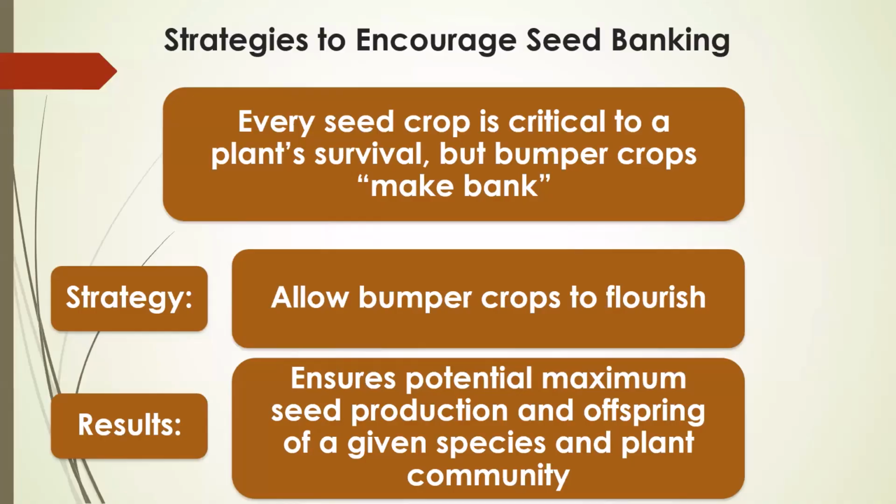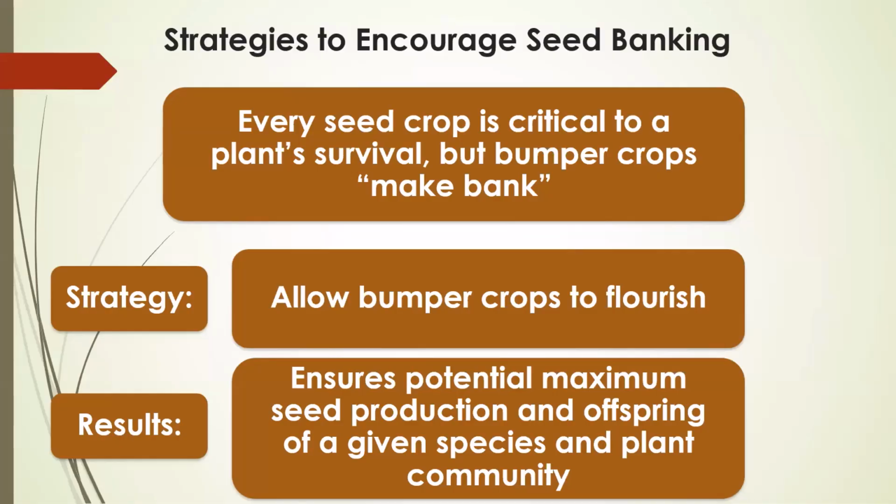So basically, this means anytime there is a seed crop, especially when there is a bumper crop, allow those bumper crops to flourish. During bumper crop years, that's when the greatest seed production potentially is. And so there is a natural variability to bumper crops for any given species.